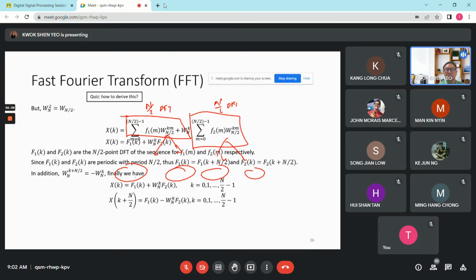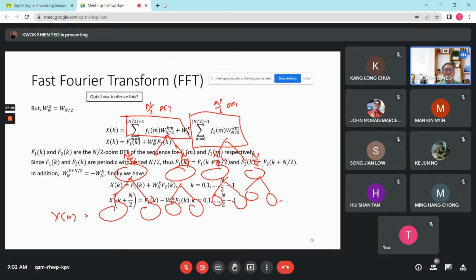If you continue to break it down, then another breakdown again, you have 1, 2, 3, 4, 5, 6, 7, 8. If you still need to break it down, you have a lot of terms equal to 1 xk. All right, so you have many terms.